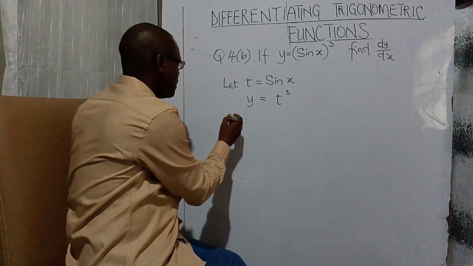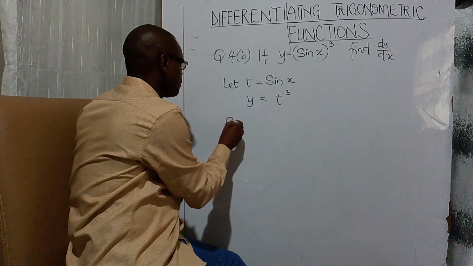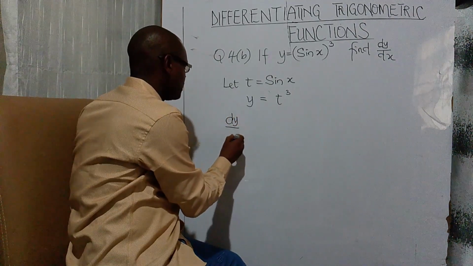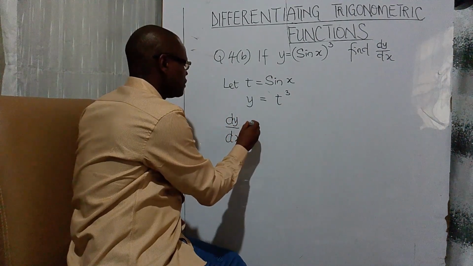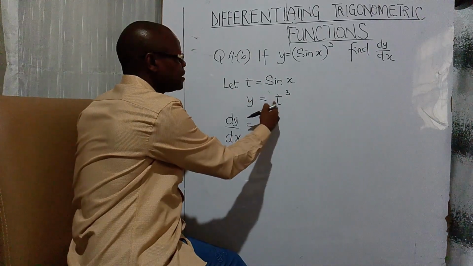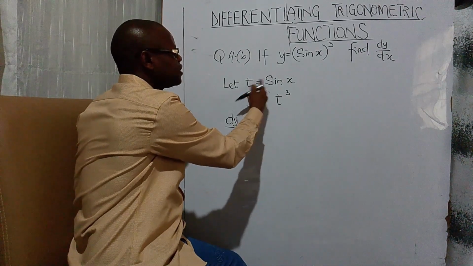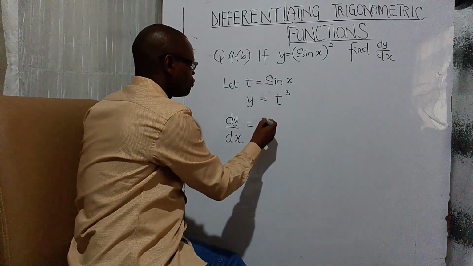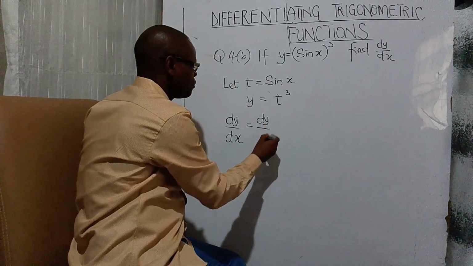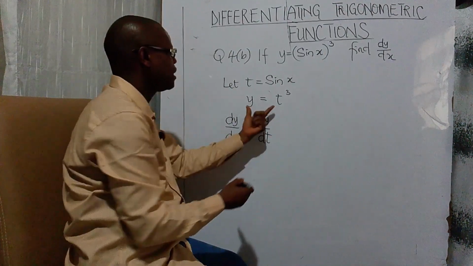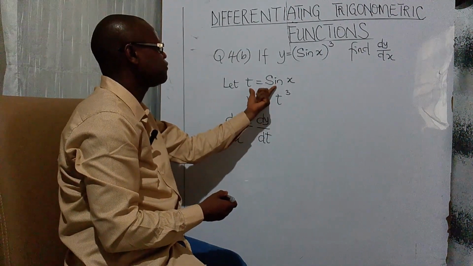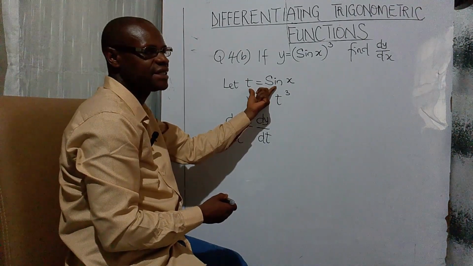So eventually, our chain rule says that dy dx is equal to, we differentiate the outer function, then we differentiate the inner function. So for the outer function, we have it as dy dt, and for the inner function, we have it as dt dx.